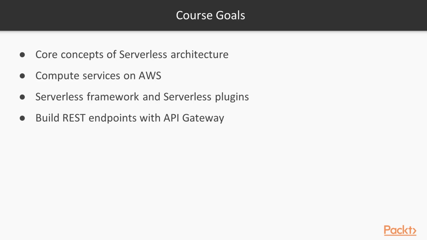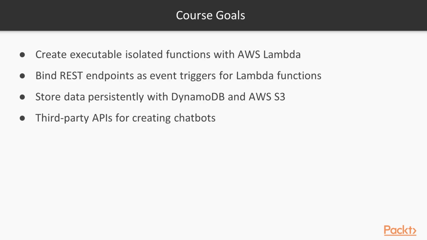Throughout the course, we'll build REST endpoints with API Gateway, create executable isolated functions with AWS Lambda, and bind the REST endpoints as event triggers for the Lambda functions. You'll also learn how to store data in a database with DynamoDB without managing any servers. Lastly, regarding AWS services, you'll learn how to use AWS S3 to store data such as images.